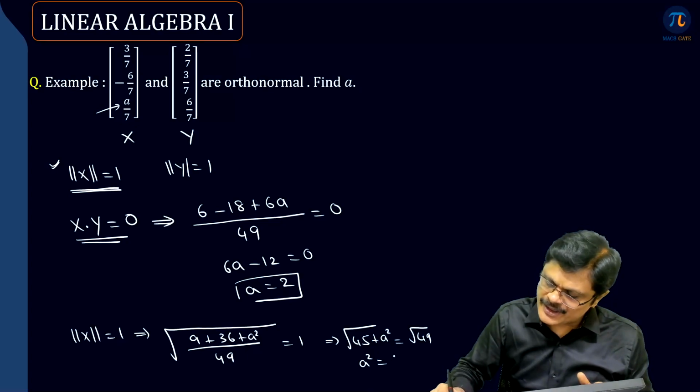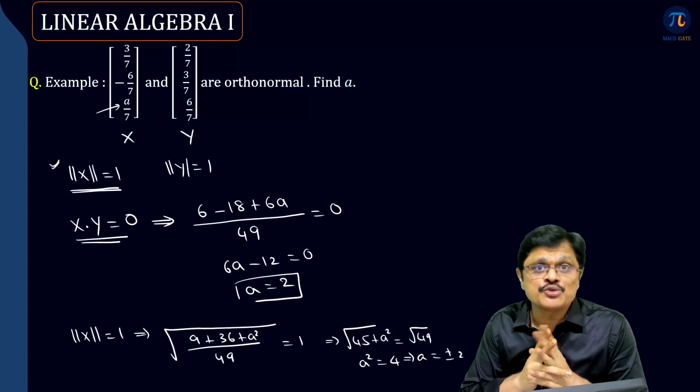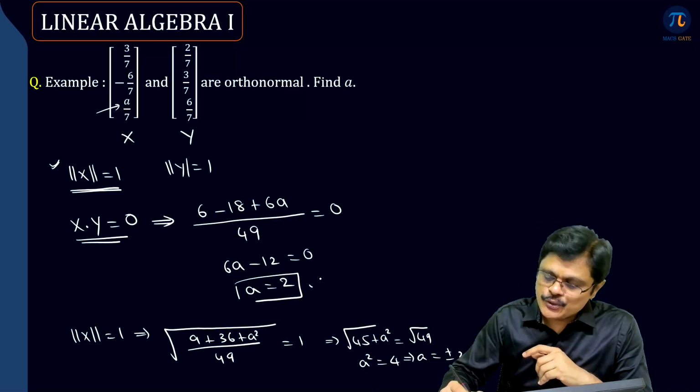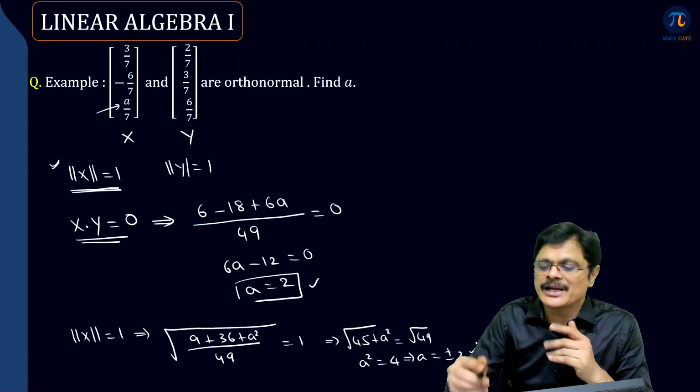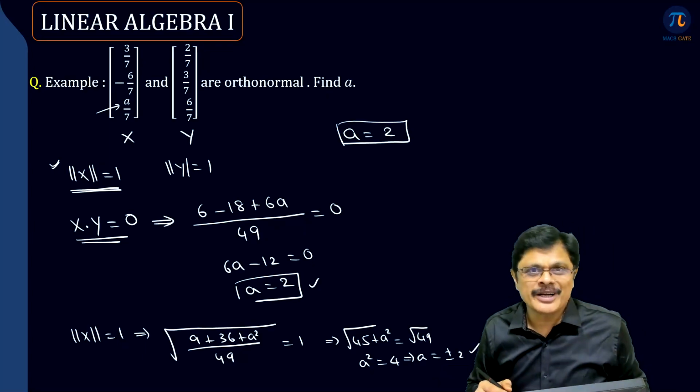That means a square is equal to 4, so a should be either plus or minus 2. Now people worry whether we should take plus 2 or minus 2. Plus 2 satisfies both the properties, so we consider a to be plus 2 only. A cannot be minus 2.